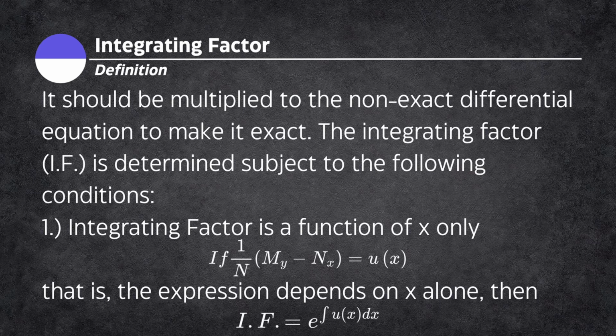In other words, u of x is a function where you can only see the x variable. Then the integrating factor will be e raised to the integral of u of x dx.